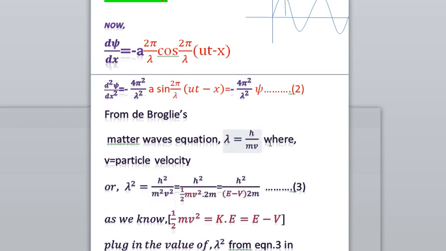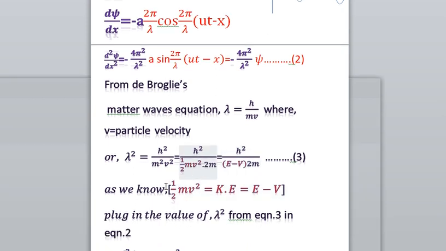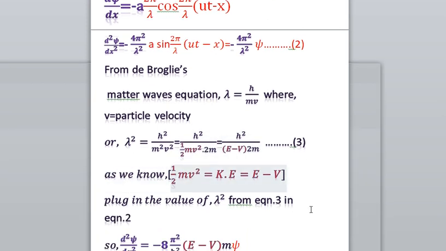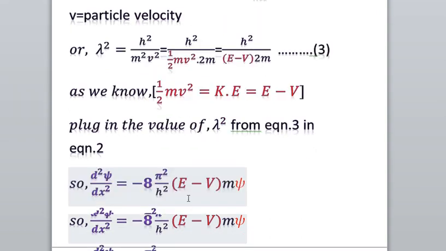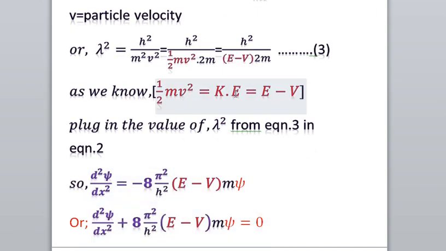Squaring both sides, we get lambda square equals h square upon m square v square. Then half mv square into 2m, we can write m square v square equals this. And we know that half mv square equals the kinetic energy equals total energy minus potential energy.